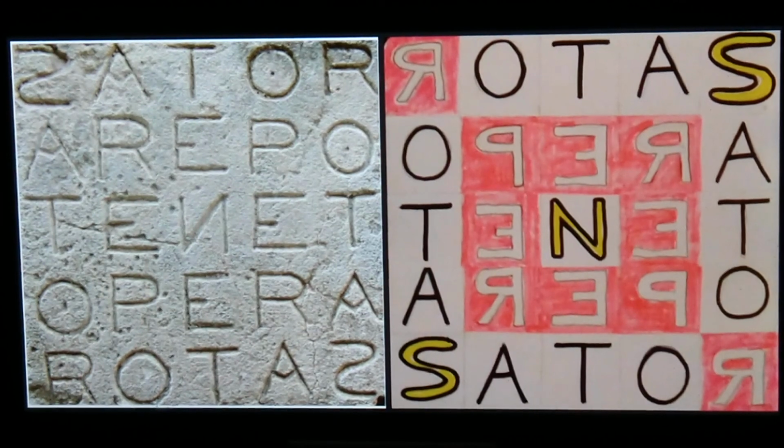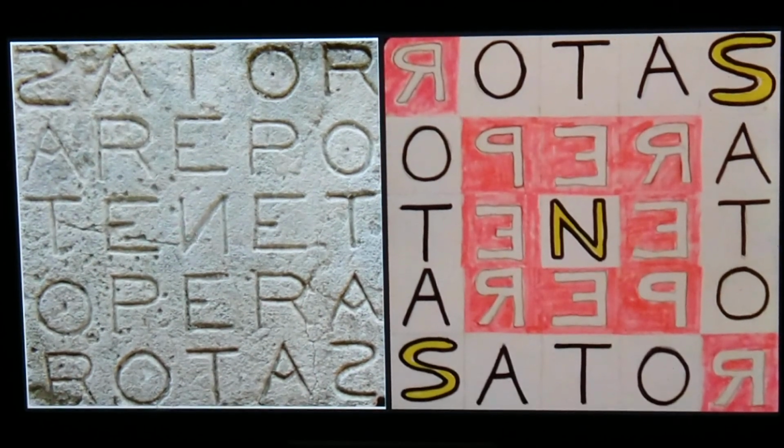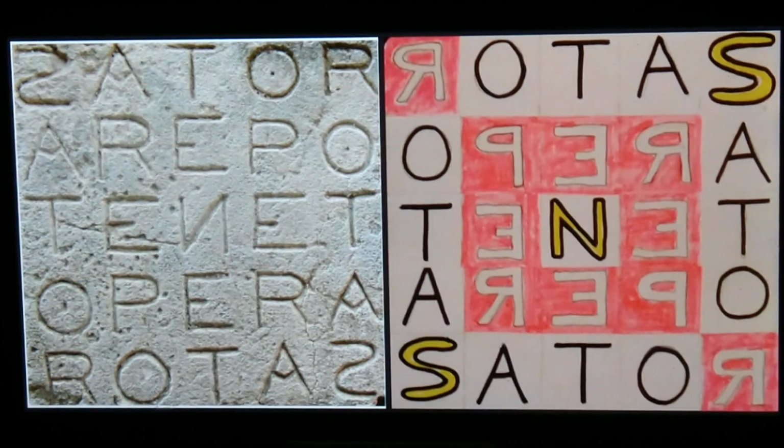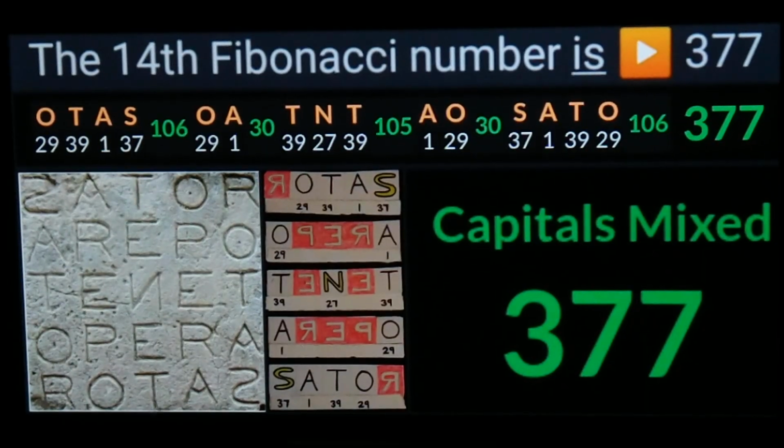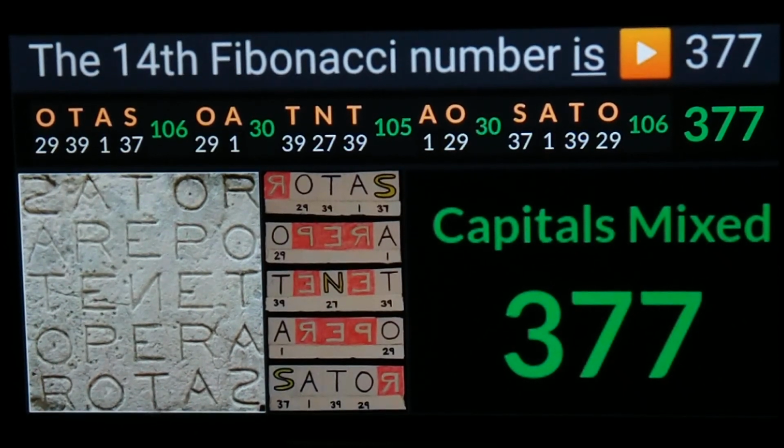Again, we're dealing with that reflected square, where many of the letters are facing backwards and do not yield a Gematria value. Using all capital letters, we used to call it the Frank Bacon cipher. Derek changed the name to, I guess, mixed capitals, or capitals mixed, sorry. Either way, using the capitals mixed cipher, that reflected square gets us a value of 377, which is the 14th Fibonacci number.